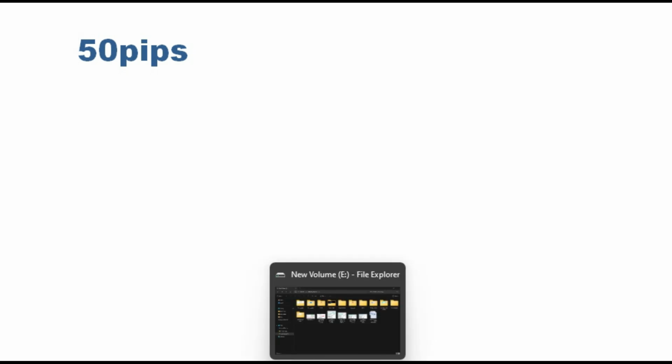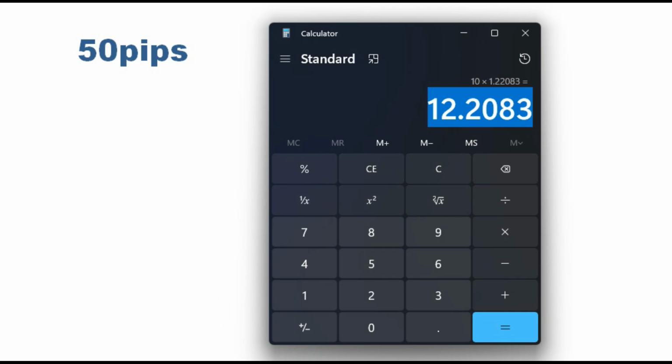Let's take a scenario where your technical analysis is giving an entry of 50 pips. That means we calculate the pip value. The next step is calculating the pip value. We calculate the pip value by dividing how much we put per trade, which is 12.2083, by the pips.